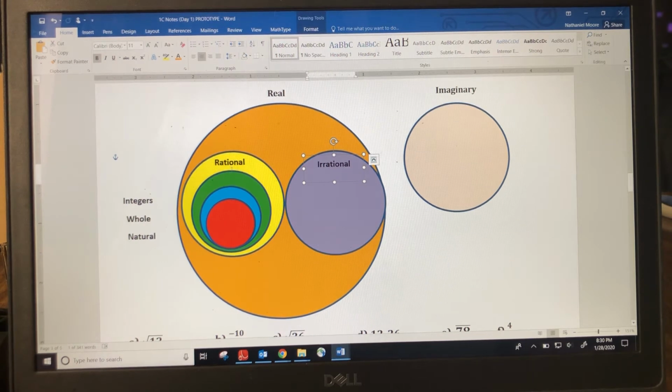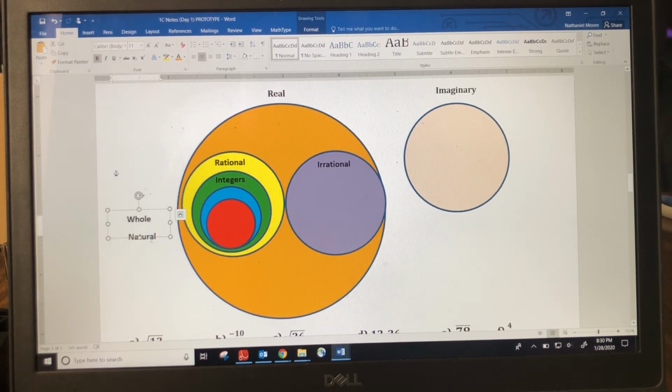So inside rational, there are subgroups. The subgroups inside rational are integers, right? Integers were all those negative and positive whole numbers. But inside integers, we can get more specific. We can say just whole numbers. Whole numbers is a subgroup of integers, meaning that it's only things like 0, 1, 2, 3, 4, 5, 6, 7, 8, 9, 10.